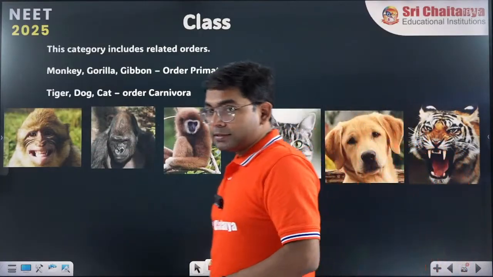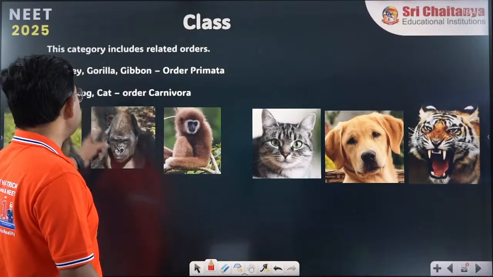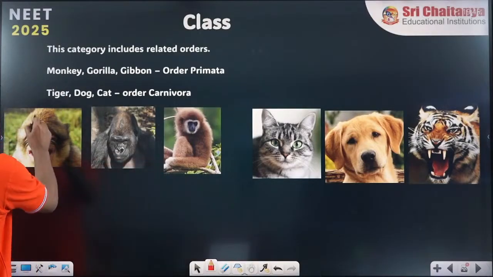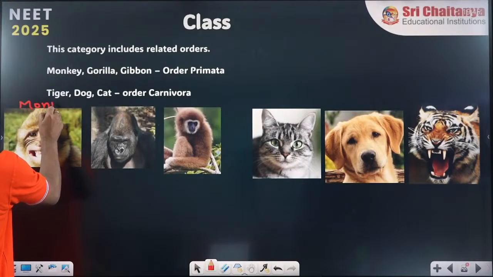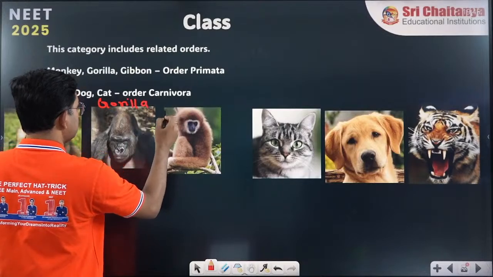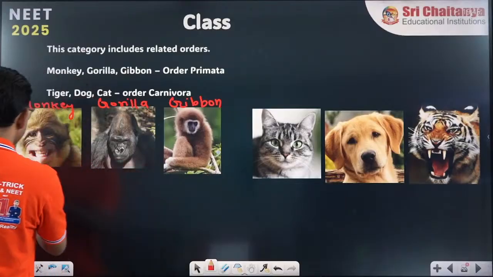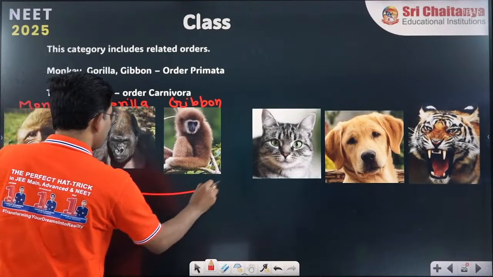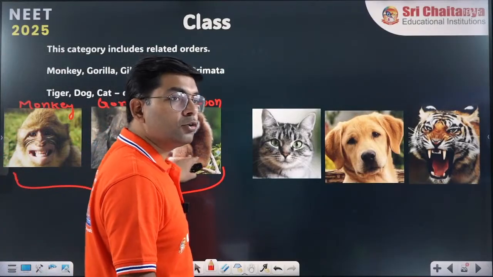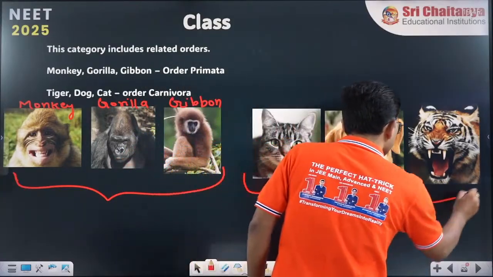Now class. Class will include many orders together, and here these are the different classes. If you see, this is monkey, this is gorilla, and this is gibbon, right? All of these three belong to order Primata, and these three belong to which order?